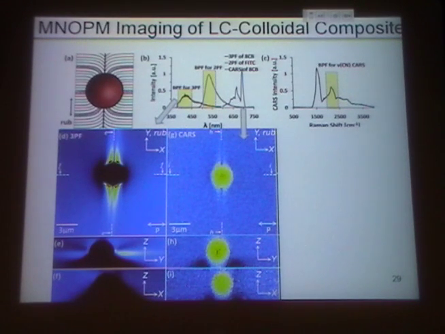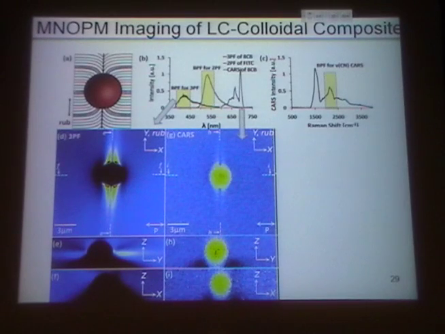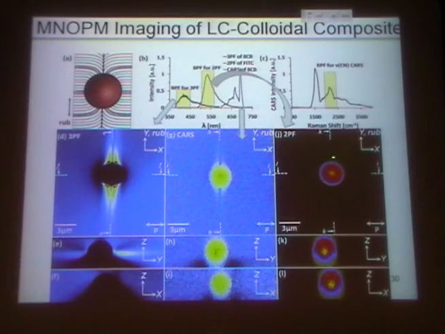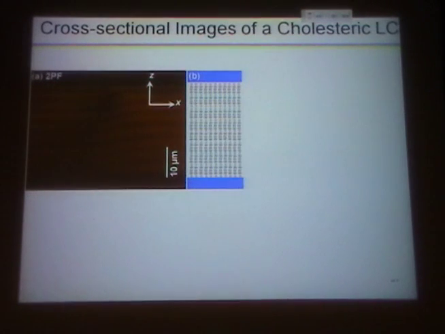In this particular case, we visualize distortions of the director structure and layered structure around the colloidal particle using coherent anti-Stokes Raman scattering, and we can visualize the particle itself using two-photon absorption fluorescence signals coming from the dye molecules that are localized within the colloidal particle itself. Right? So by combining all of those different types of signals together, we can learn more about the structure than what we possibly could by using only one of those techniques.